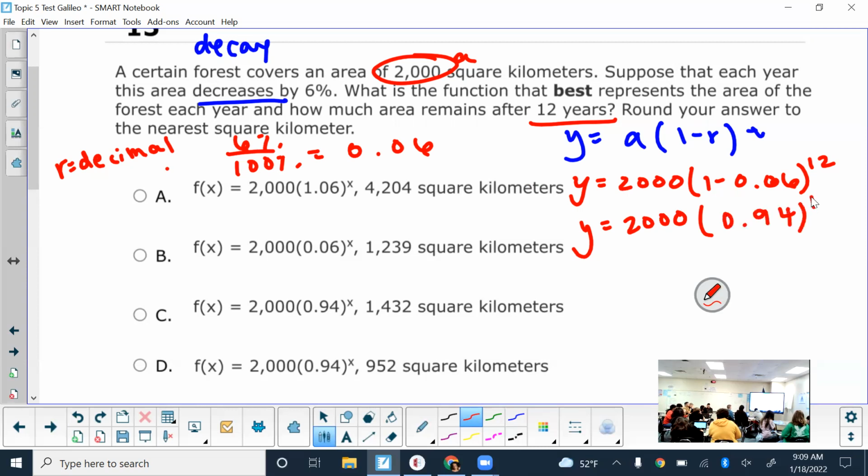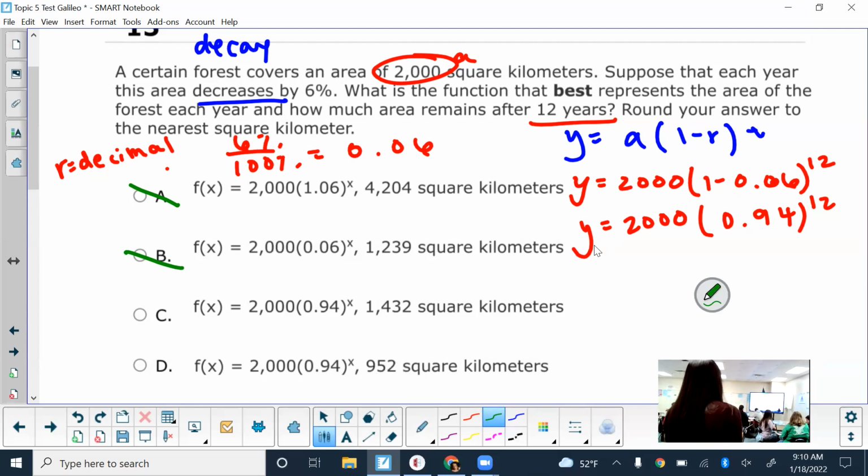So if you're not used to seeing that, be used to seeing that. All right, it's perfectly fine for them to do the subtraction for you. So that's why it can't be option A, because it shouldn't be greater than 1. It's not growth. Can't be option B, because that's not 1 minus 0.06. We're between C and D. C and D have the same formula. They just have different answers for after 12 years.